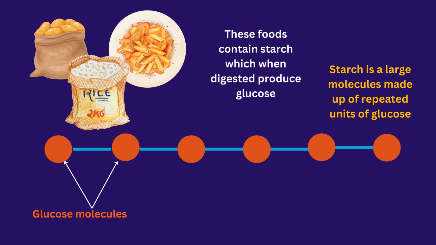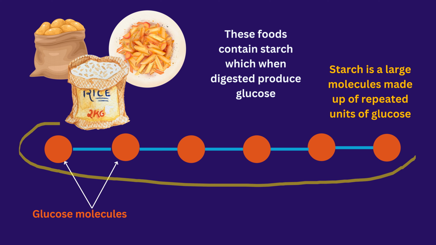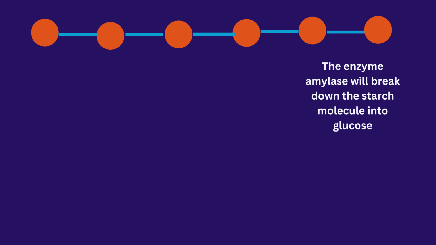So this large molecule right here represents starch, and then the orange circles represent glucose. The enzyme amylase in digestion breaks down the large starch molecule into the small units that are called glucose.